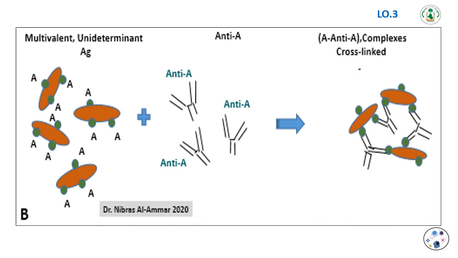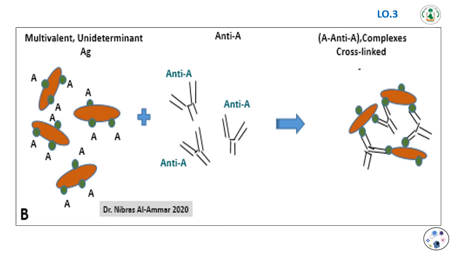Here the antigen is multivalent. Multivalent means it has more than one binding site with antibody. Either the antigen has many epitopes but of one type, just like here: many A epitopes on the antigen, three epitopes of the same type, because it's unideterminant. It has one type of epitope, but many epitopes, so it's multivalent.